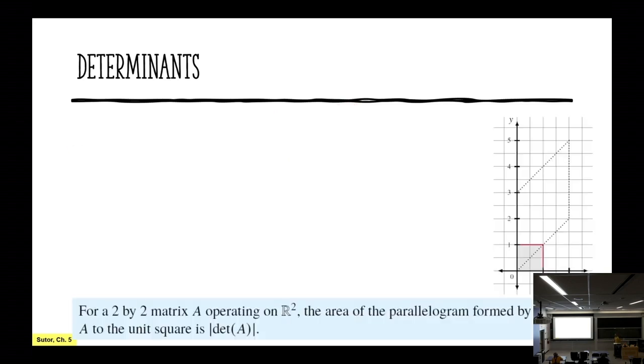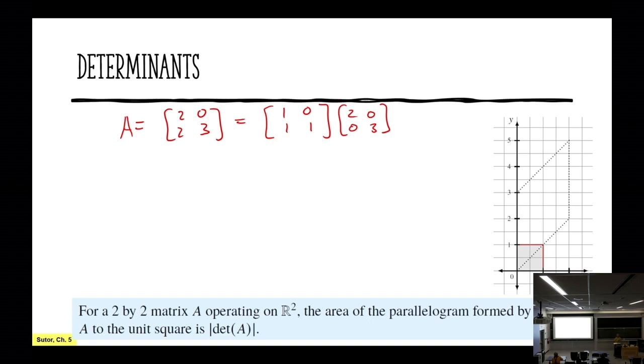I can think about this geometrically as well as just using the formula I just gave you. So if I consider a matrix A equals 2, 0, 2, 3, I can rewrite this as a product of two matrices, 1, 0, 1, 1, times 2, 0, 0, 3.